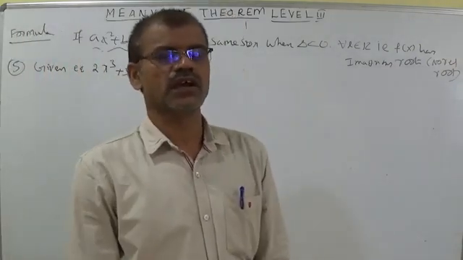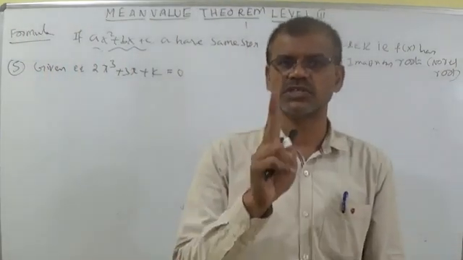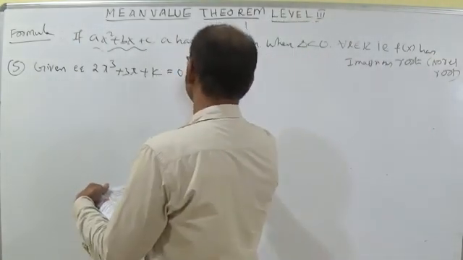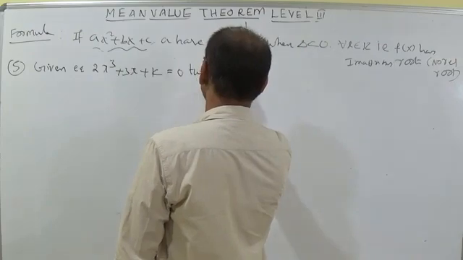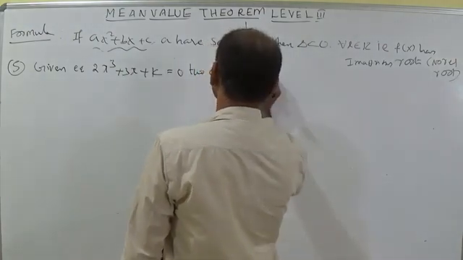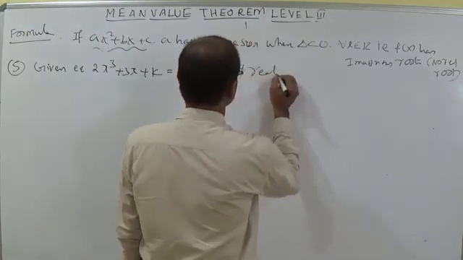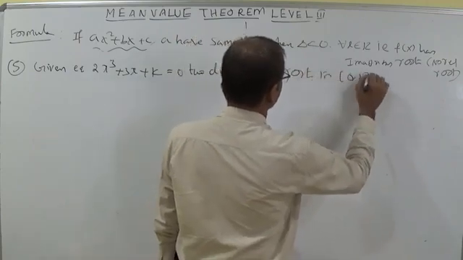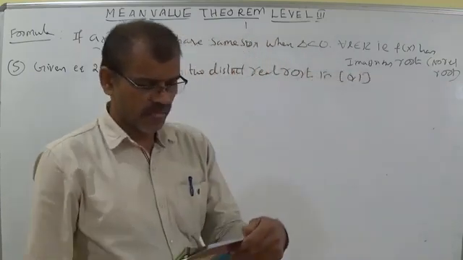He is saying that the cubic equation has two distinct real roots. In 0, 1, I am writing here, the cubic equation has two distinct real roots in the closed interval 0, 1.